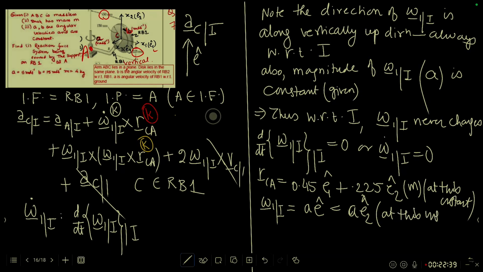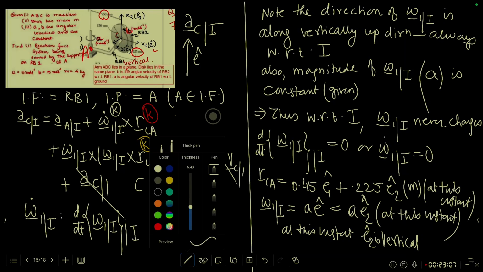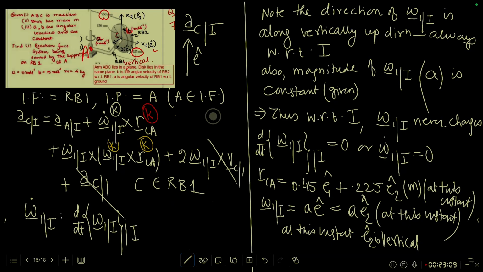After all, at this instant, E2 is vertical, and that's why I can write at this instant omega 1I is A times E2. This is a known quantity. AAI is also a known quantity. It is 0 actually. A is a point fixed in I.